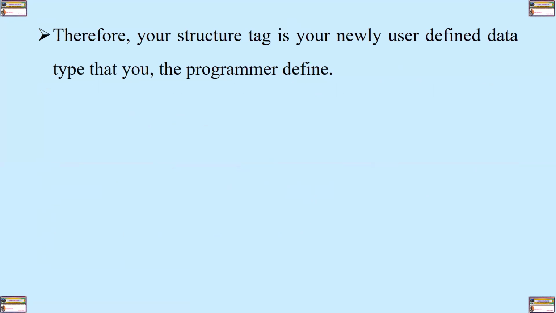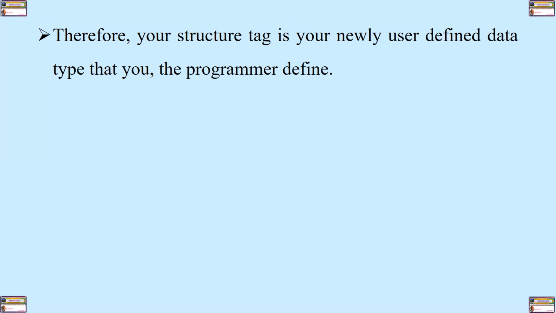For this reason, your structure tag is your newly user-defined data type. This means that a structure is user-defined. It's the user who decides what will be stored. And when you define a structure, that becomes your user-defined data type.